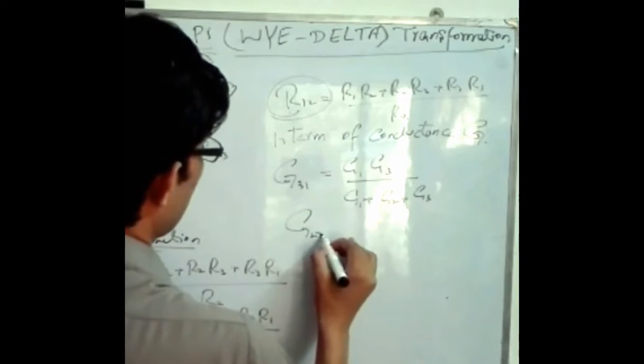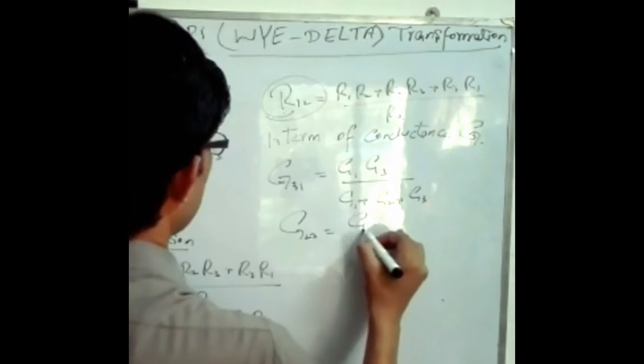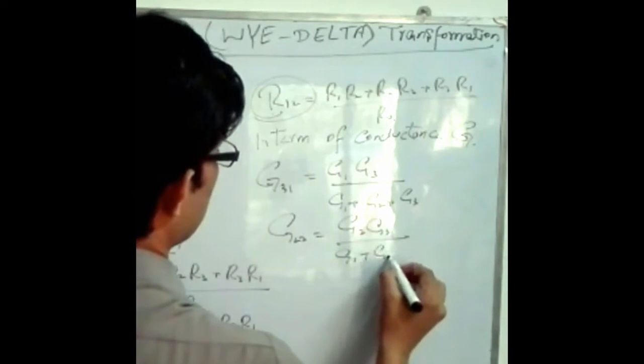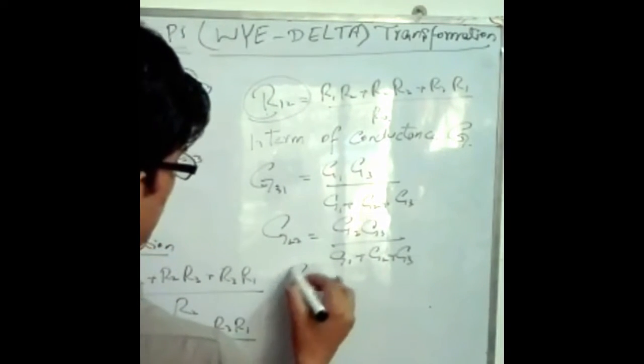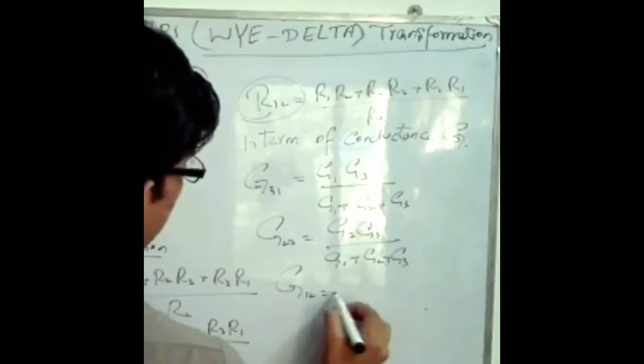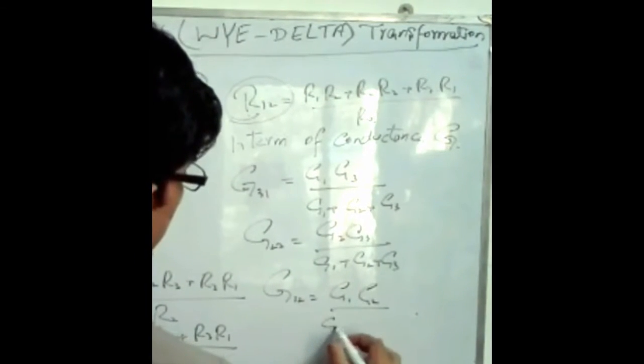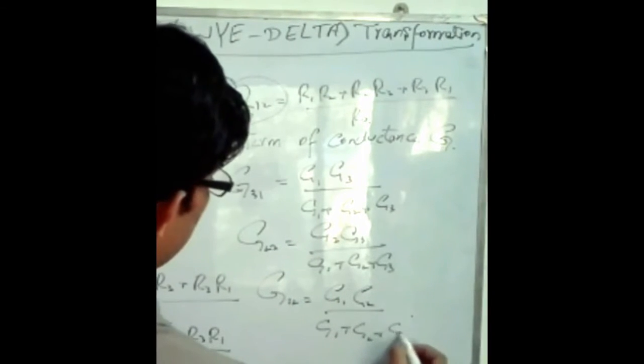Similarly, G23 will be equal to G2 G3 divided by G1 plus G2 plus G3. And G12 will be equal to G1 G2 divided by G1 plus G2 plus G3.